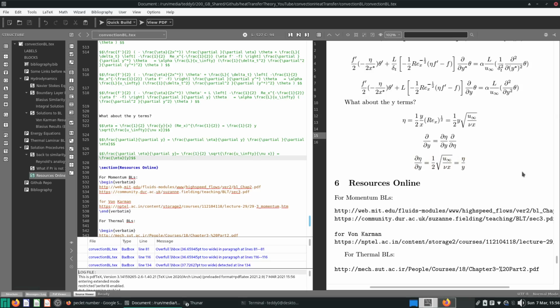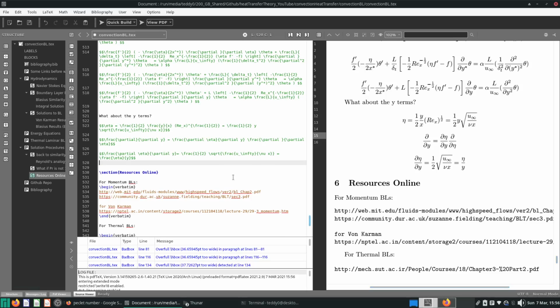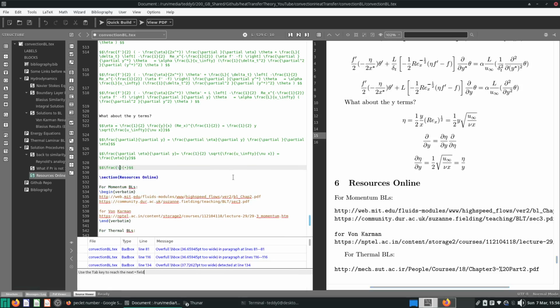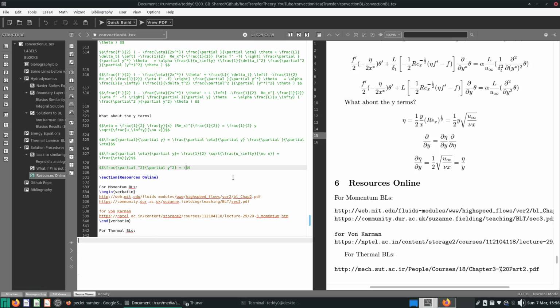Okay, so now let's consider the second derivative, because we're going to do partial square by partial y square. So we're going to change partial square by partial y square, and that's equals to partial by partial y, fraction partial y. And what are we differentiating?